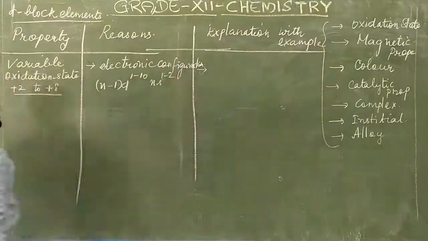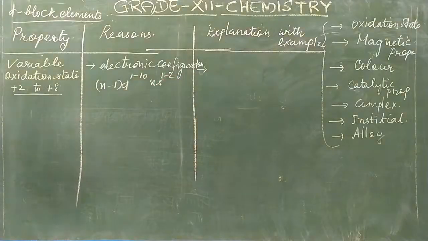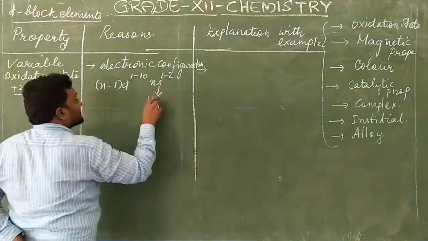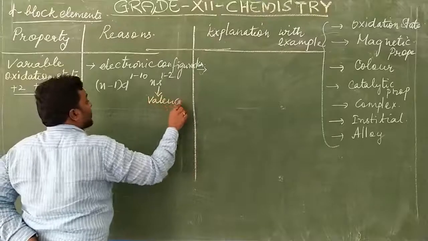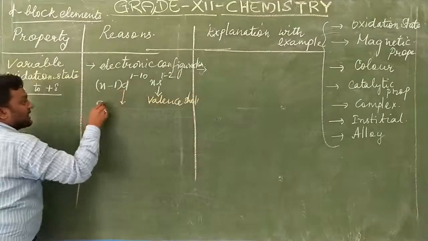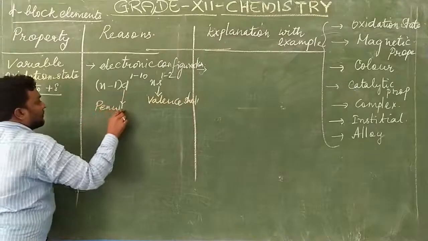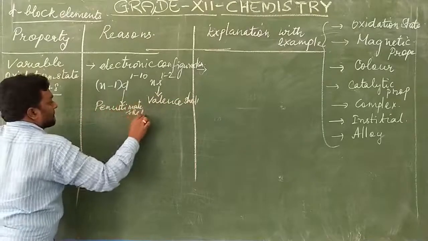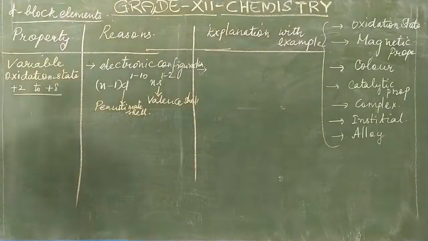Here the s orbital is the outermost shell, or otherwise the valence shell, and (n-1)d is called the penultimate shell.